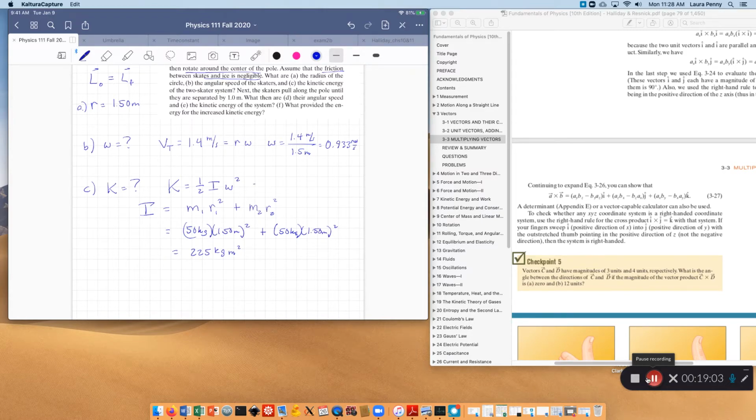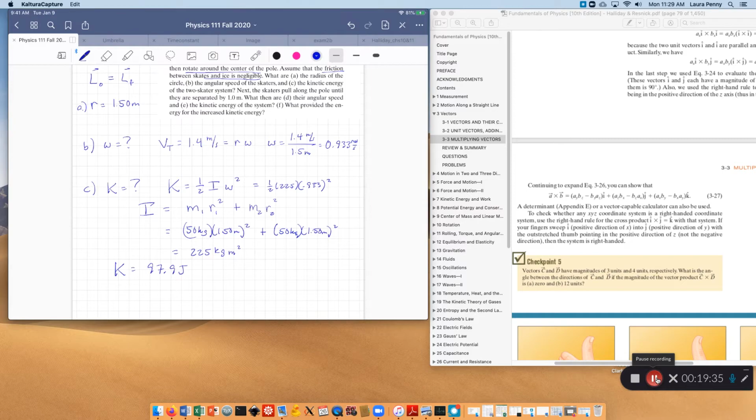Then if I plug that in, 1/2 times 225 times 0.933 squared, I get a K of 97.9 joules, right? It's kinetic energy, so it should come out in units of energy.